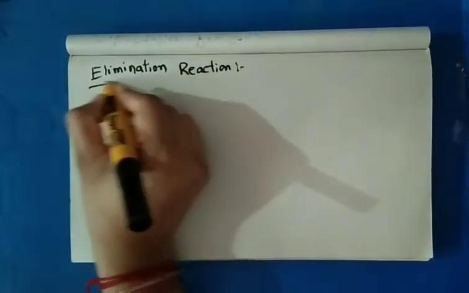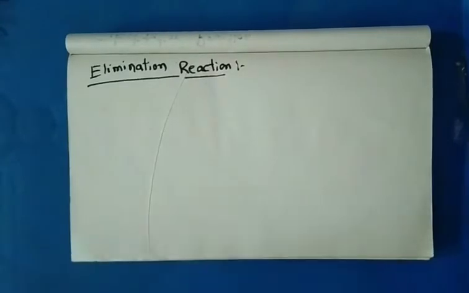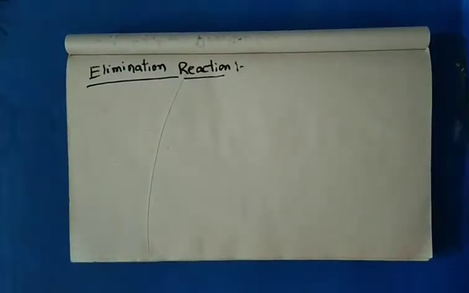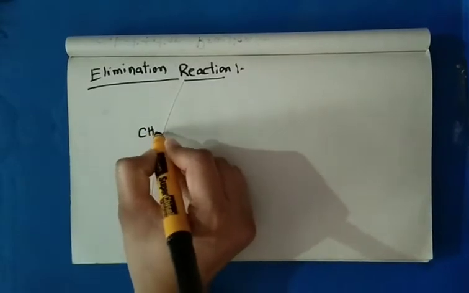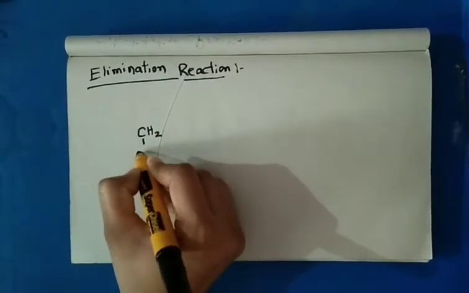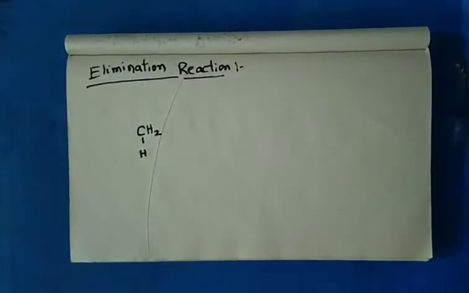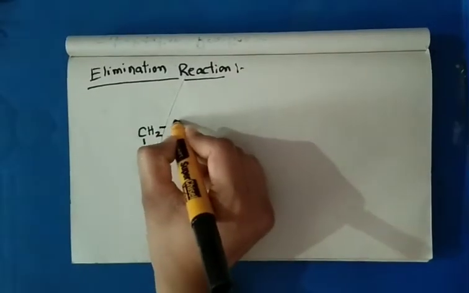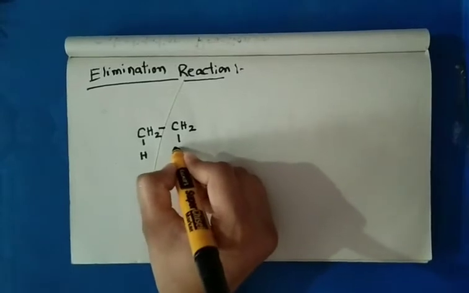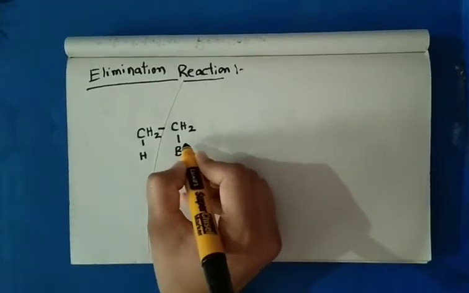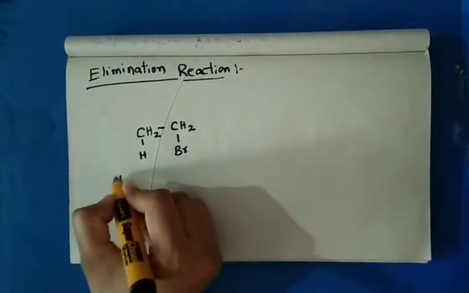Elimination means loss of atoms. First we take one example. CH2 bond CH2 Br, for our convenience we write it like this. This is called ethyl bromide.